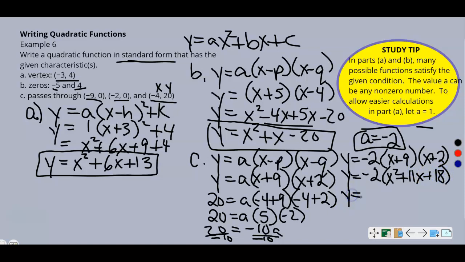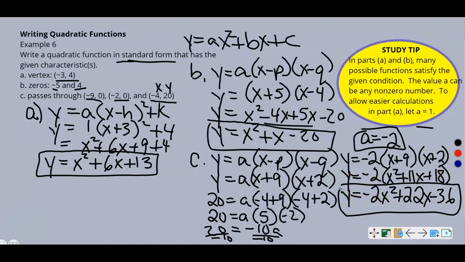Then multiply the whole thing by -2. I'm going to get -2x² + 22x, and 18 times -2 is -36. So that one is now in standard form as well.